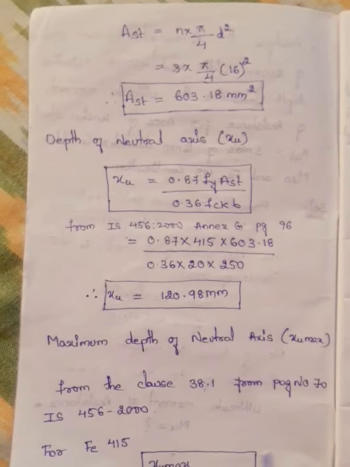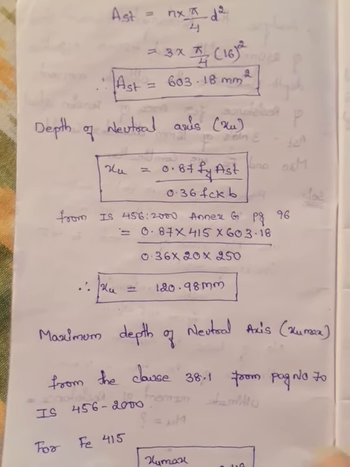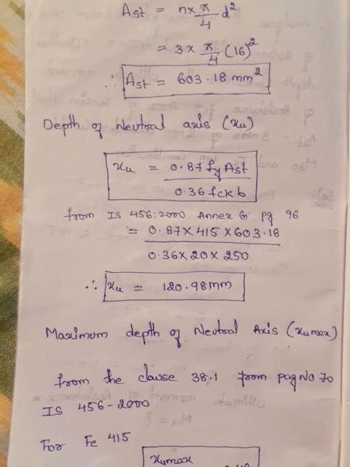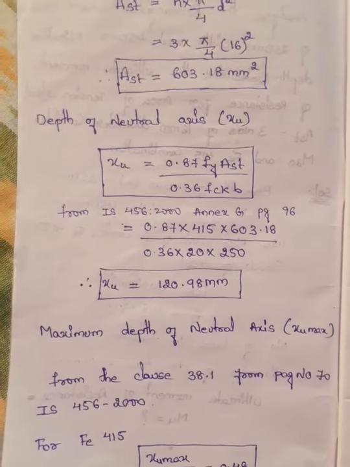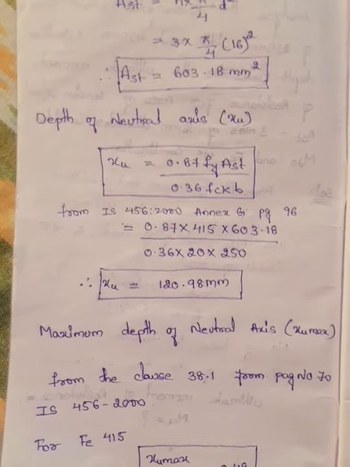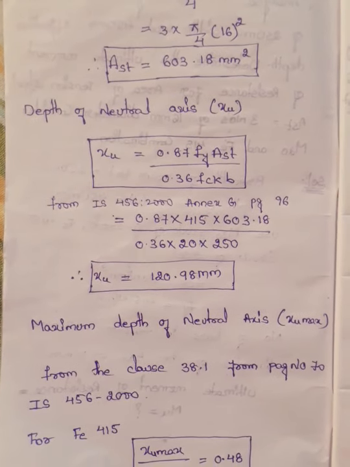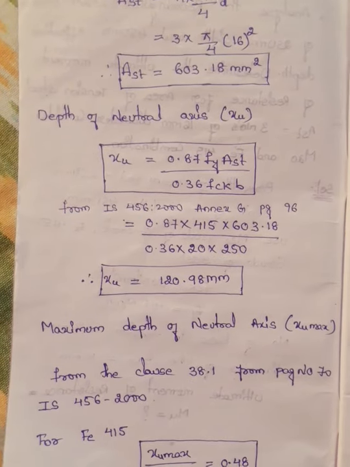So now we know what is the area of the tension steel, right? Now we need to determine whether it is an under-reinforced section or over-reinforced section or balanced section. Based on that, we need to take the Mu formula. So to find that, first we'll see the xu. Then we are going to calculate the xu max and we'll compare whether xu is less than xu max or xu is greater than xu max or xu equal to xu max.